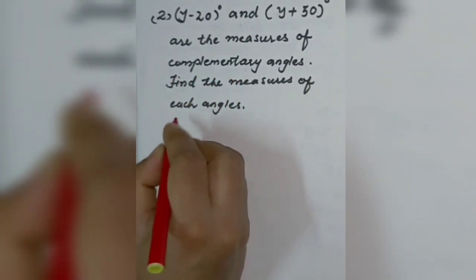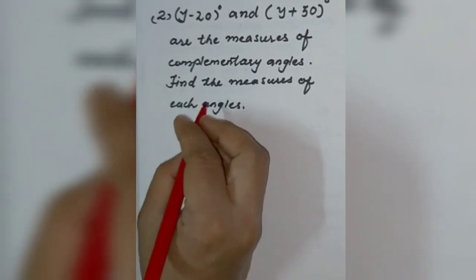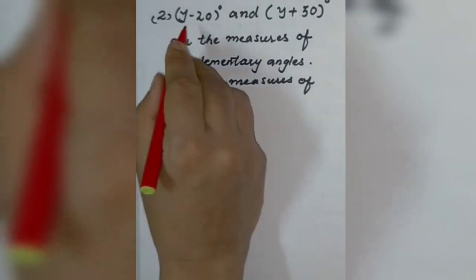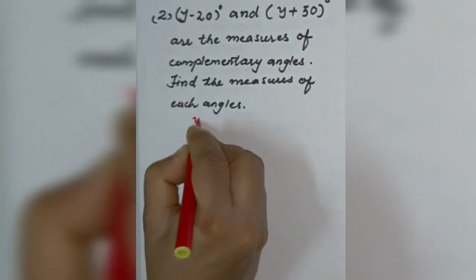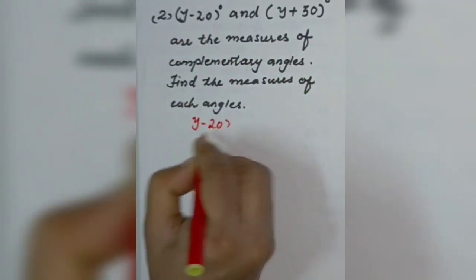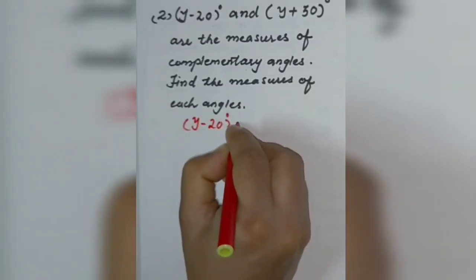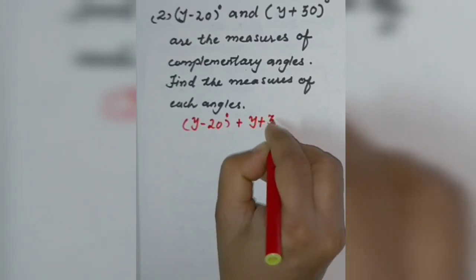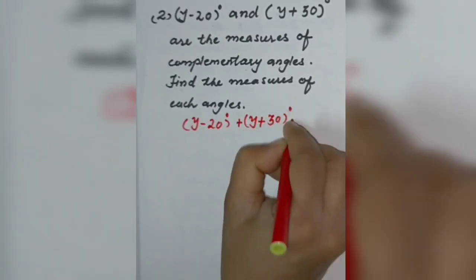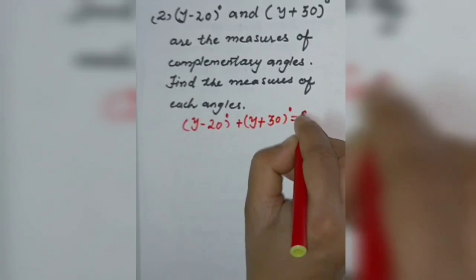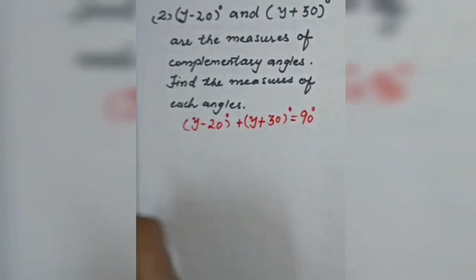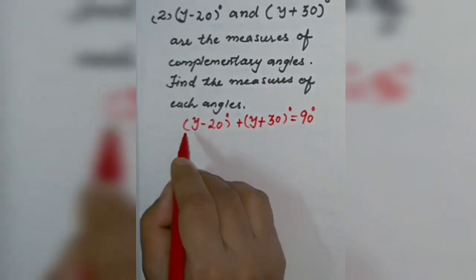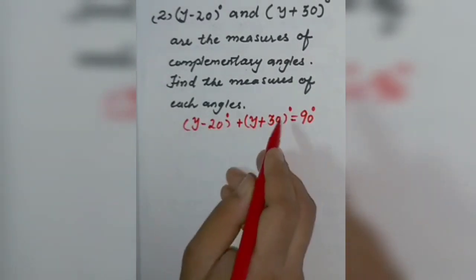Now same steps we learned in the first question, means the sum of these two angles, y minus 20 degrees plus y plus 30 degrees, is equal to 90 degrees. Okay. Now in BODMAS what we learned, the first step is what? Open the bracket.